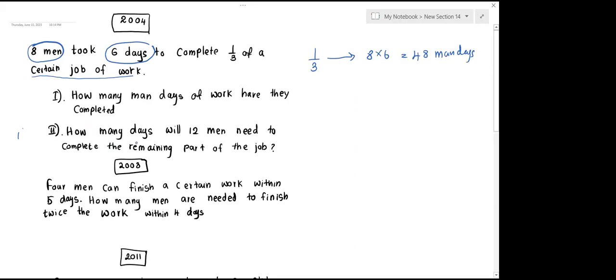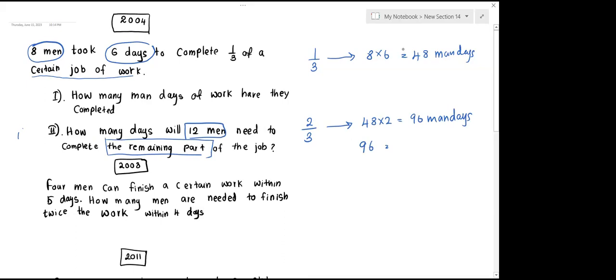How many days will 12 men need to complete the remaining part of the job? The remaining part of the job is 2/3 of the work. 1/3 is completed, 2/3 is remaining.